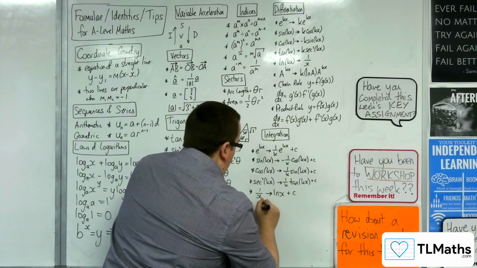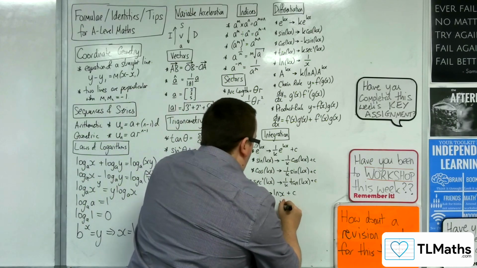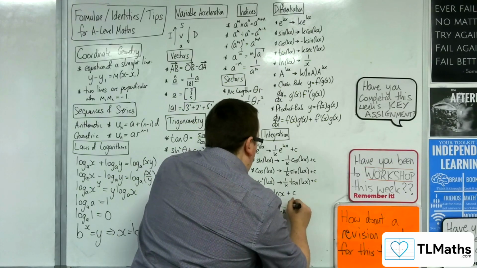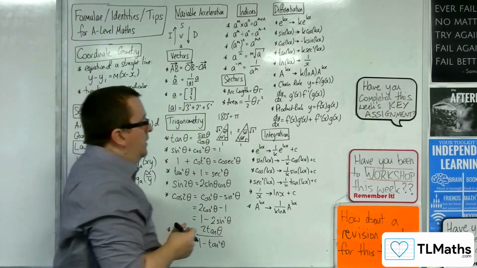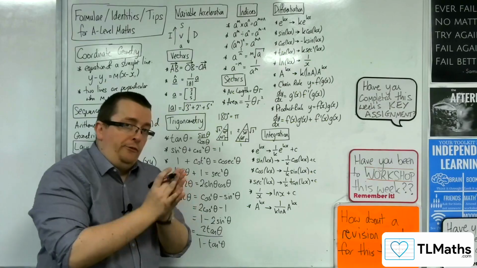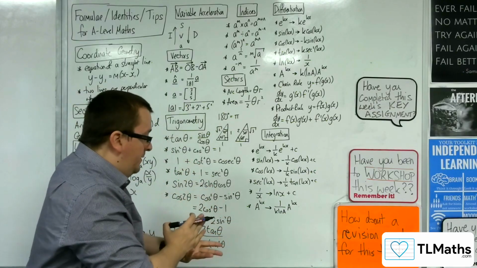If you want a to the kx, then we would need 1 over k natural log of a, times a to the kx. The integration by parts formula is given to you in the formula booklet, so you just need to make sure you know how to use that.